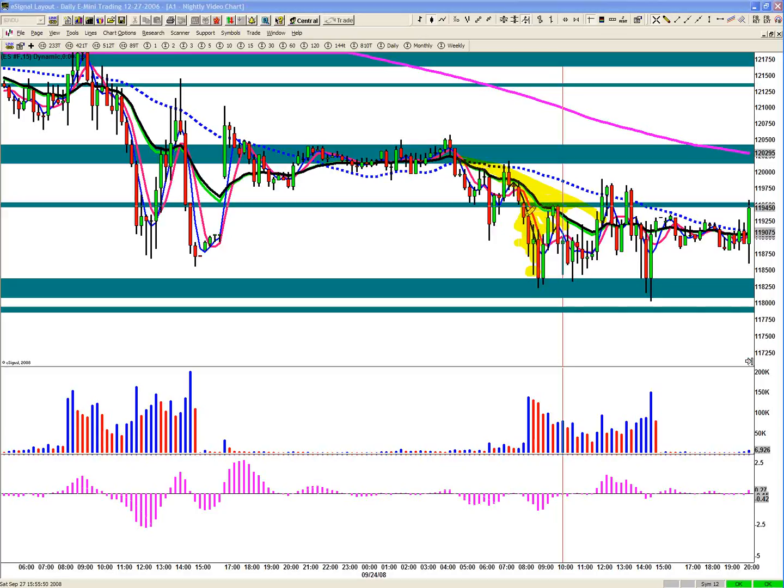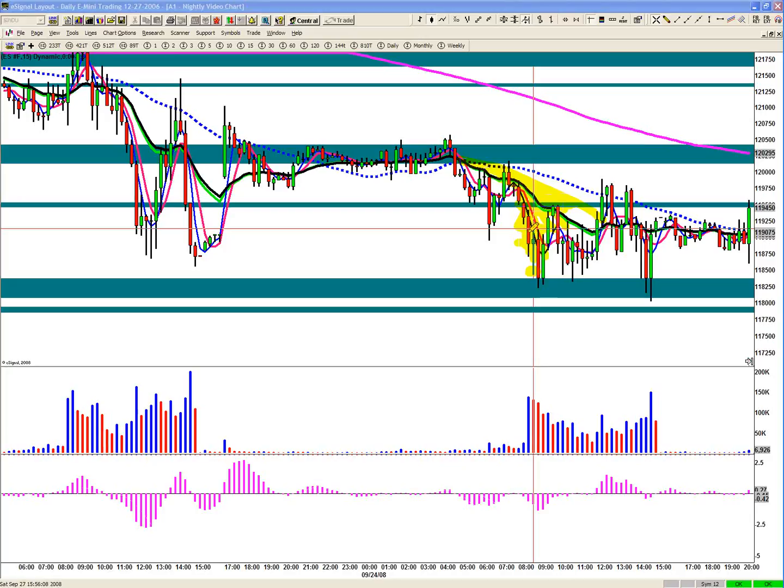This particular time I got out at the speed line level, not the 20-period moving average level. But I'll scale in until I feel confident that I've got enough trade and that I've exhausted the potential opportunity for gain off of that trade.